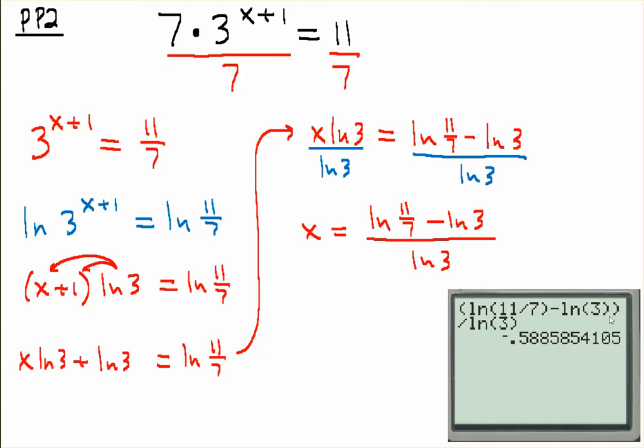We good? The denominator, you don't need an extra parenthesis because there's only one term there. So negative 0.59 is good. And again, not an equal sign here. It's almost like a little jagged equal sign, and that means approximately negative 0.59.